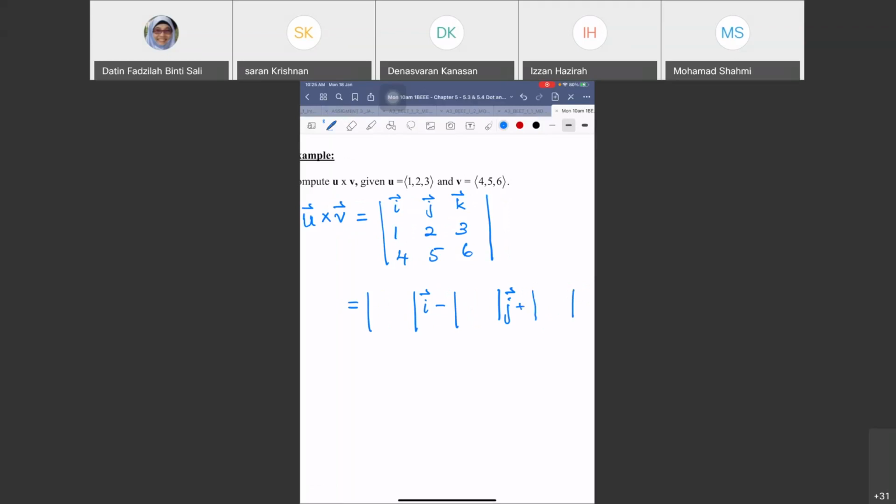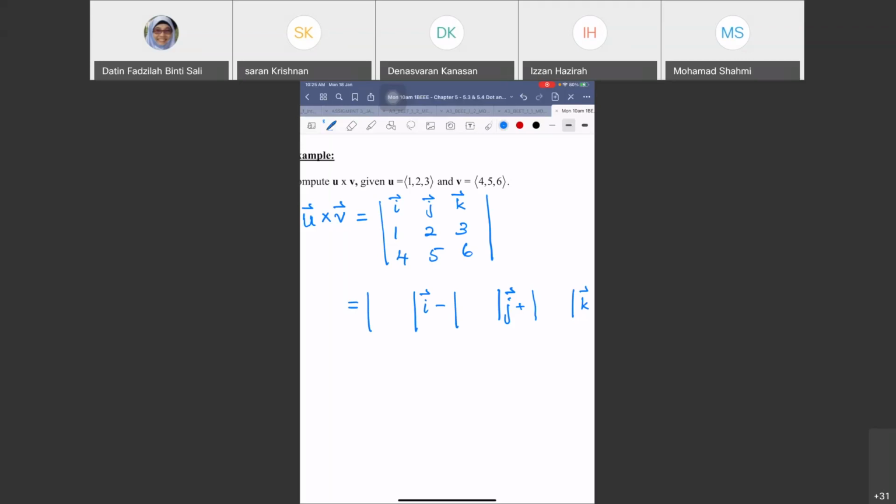Because when finding the determinant here, there's always a tendency of making mistakes with plus minus, so you have to be very careful, similar to last time when you found the determinant of a 3 by 3 matrix. There's always a discrepancy in terms of plus minus sign, so I suggest you write this one first.